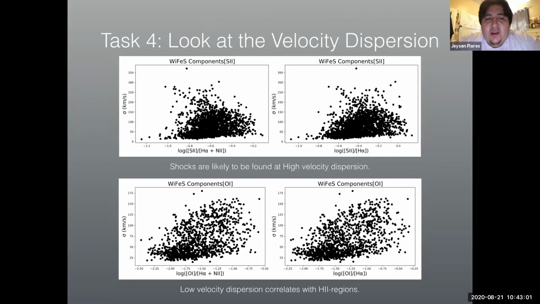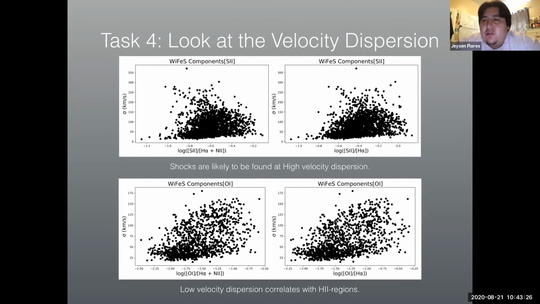Using the wide field integral spectrograph data, we made the same diagnostic diagrams, except the y-axis is velocity dispersion. The right column is for the previous analysis with H alpha alone, and the left column is for the new analysis with H alpha and nitrogen 2 together.